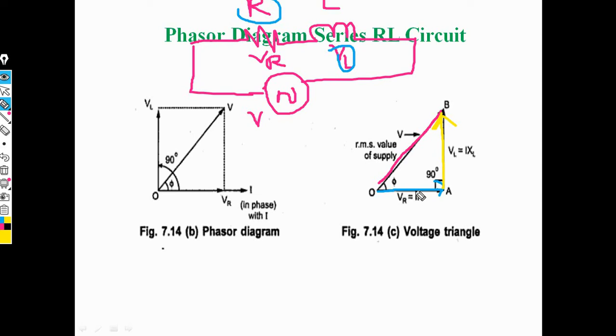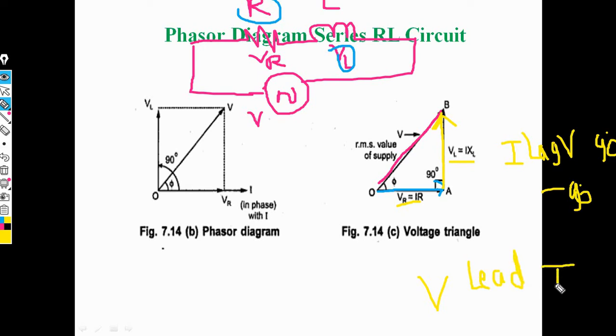Then here we have to draw VR, the voltage drop across resistance, and this is the voltage drop across inductance. In inductance, current I is lagged by voltage 90 degree. In the lagging concept the current angle is minus 90, but in inductance the voltage leads the current by 90, which is opposite.